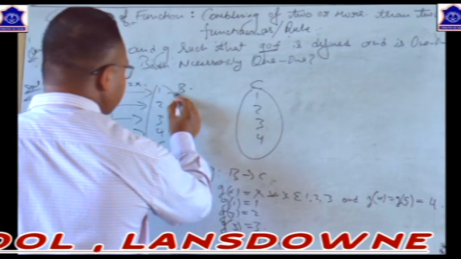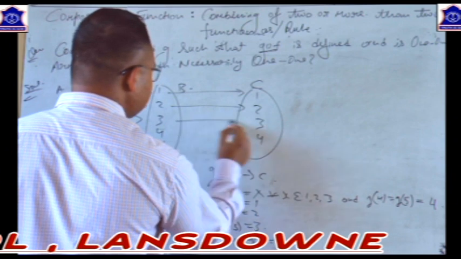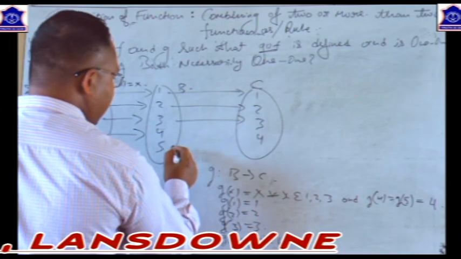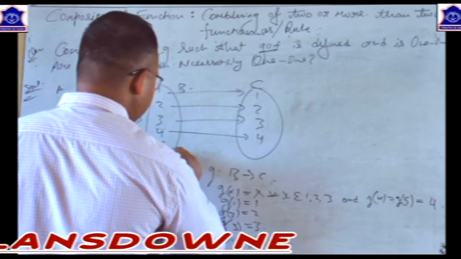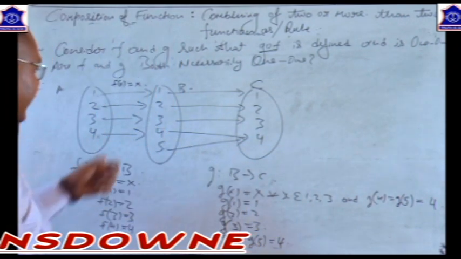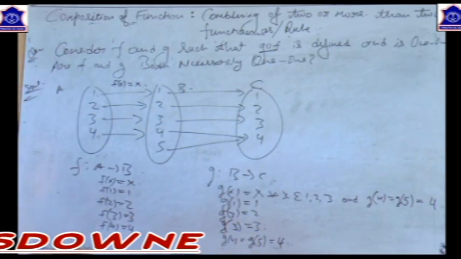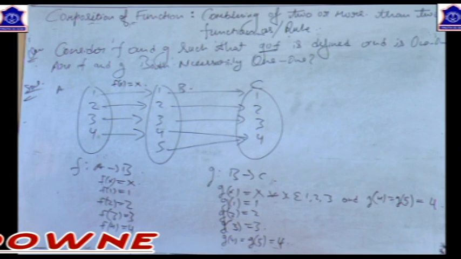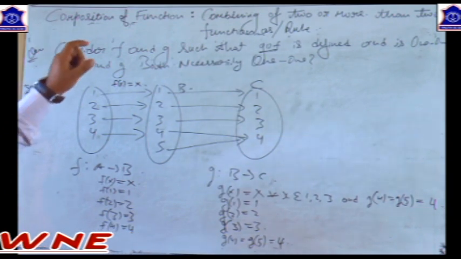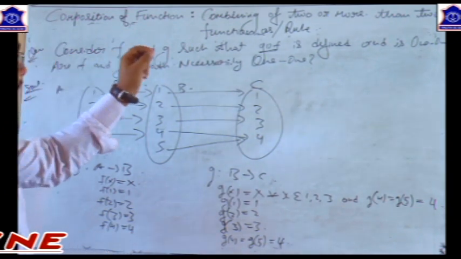It means that image of 1 is 1, 2 is 2, 3 is 3, and 4 is 4, and 5 is 4. Here it is mentioned in this way. Okay, now it is mentioned in the question that gof is defined.